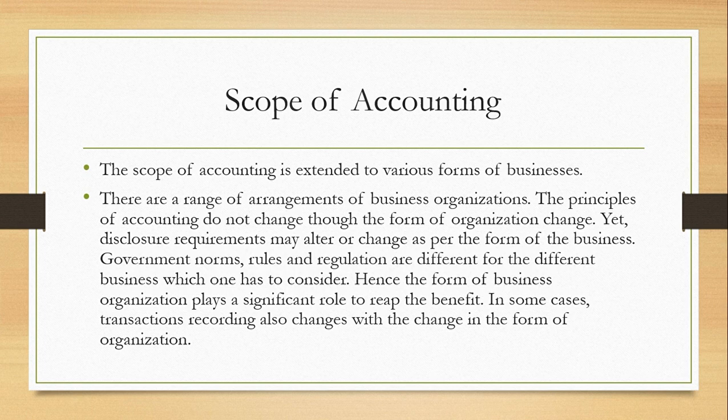So there are a range of arrangements of business organizations. The principles of accounting do not change, though the form of organization can change. Yet, disclosure requirements may change as per the form of business. Government norms, rules and regulations are different for different businesses, which one has to consider.